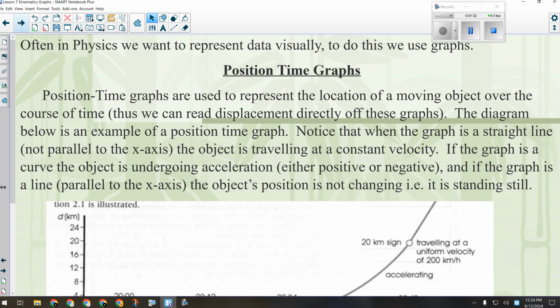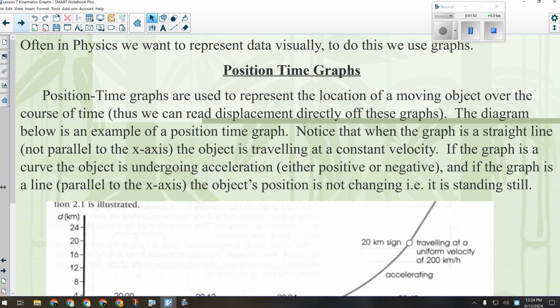All right, so in a position versus time graph, what can I read directly off a position time graph? Exactly, the position and the time. I can see on that graph where the object is at any point in time that is on the graph.